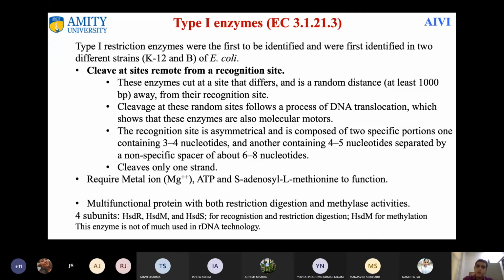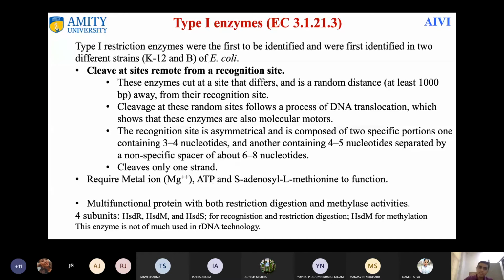This is why, in our lab, if you add EDTA, the enzyme becomes non-functional, because these nucleases require magnesium ion as a cofactor. So type 1 requires these 3: magnesium ion, ATP, and SAM.